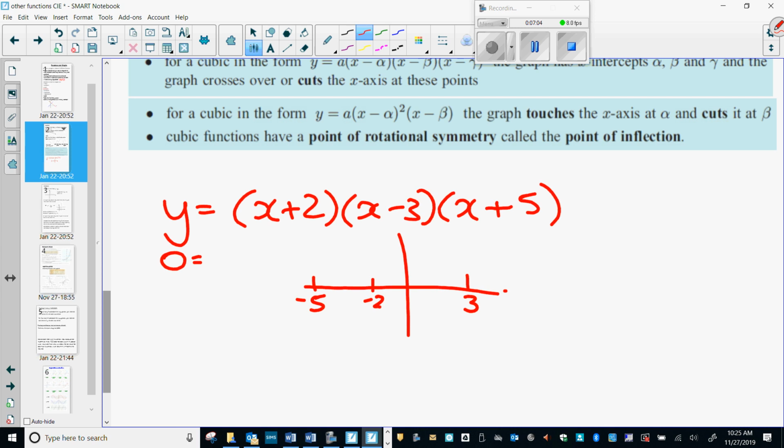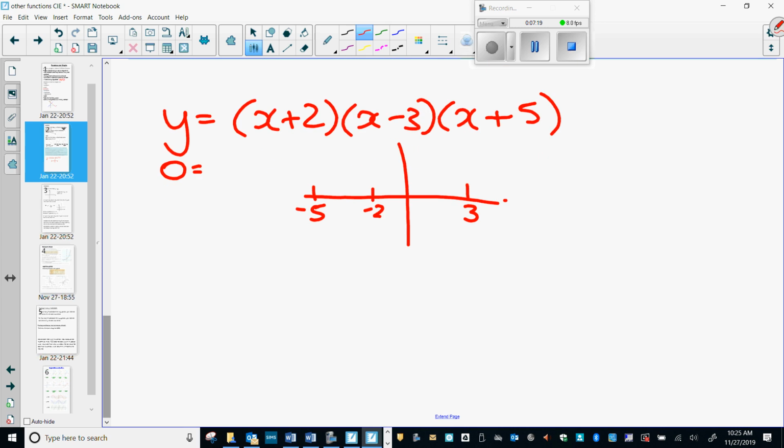I think it might help. So I know this cubic graph here would cross at those 3 positions. It would cross the x-axis, to be specific. They would be the x-intercepts.